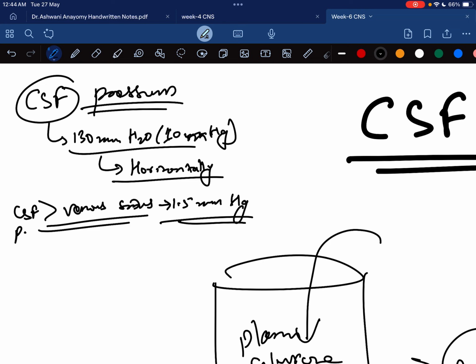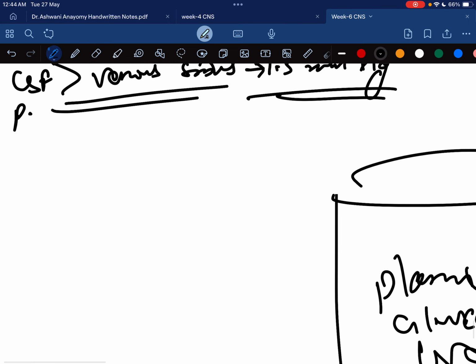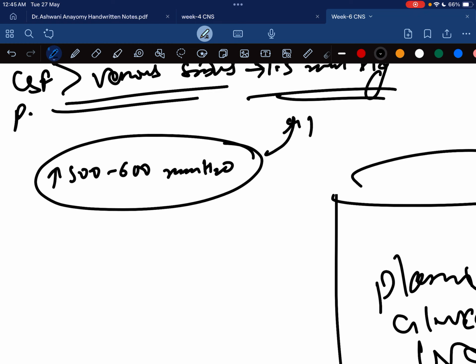So if there is a blockage, that leads to the abnormality hydrocephalus. A blockage due to hemorrhage, infection, or congenital abnormality can increase the pressure up to 500 to 600 mm of water, and that leads to an increase in intracranial pressure.